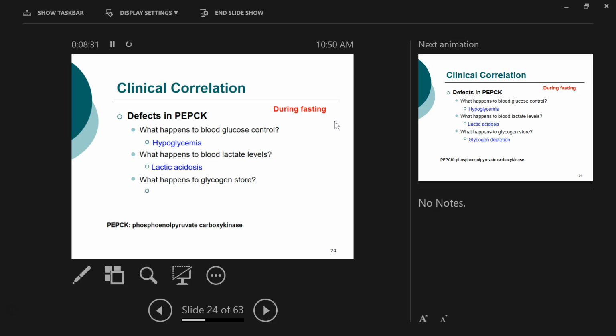Yes, and you're right, this particular question is about the glycogen store. So the glycogen store will be decreased during fasting in the patient with a defect in PEP-CK, the key enzyme in gluconeogenesis. So glycogen depletion, right? They use a lot of glycogen to compensate for the defect in gluconeogenic activity. That makes sense?